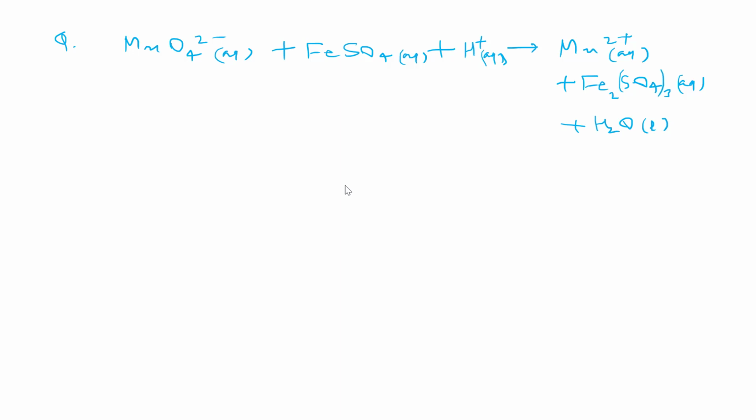This is the redox reaction you are given, and you have to represent this cell. As it is not balanced and we do not require the stoichiometry, we are not balancing it; we can represent the cell directly without balancing the reaction. So represent the given cell.